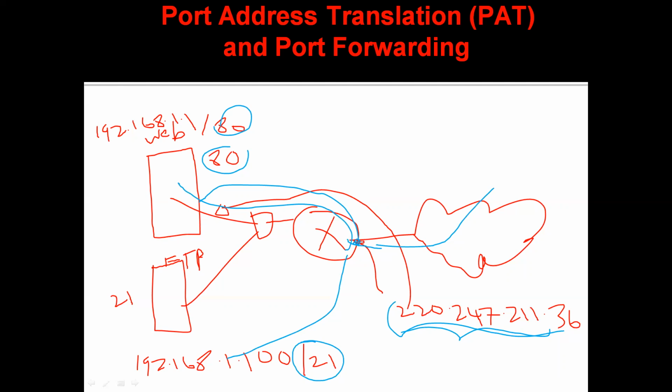One packet comes to the FTP, read by port 21, and goes to the IP address 100. This is port forwarding, but normally packets come the same way and the traffic is divided by the port and sent here, right?